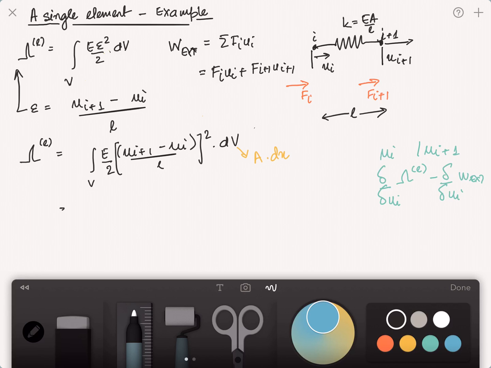So substituting, it has to be over dx. We can write EA by 2L square for all the constants to the left, and then expand the contents of the bracket simply by using the basic rules, dx.